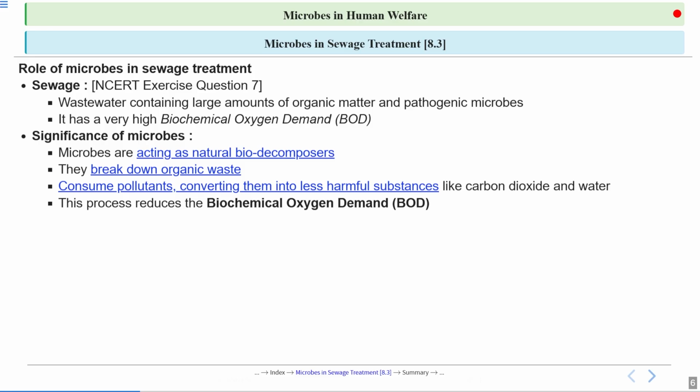These microorganisms are breaking down and decomposing this organic matter, and slowly the BOD will reduce. BOD is basically the amount of oxygen being utilized by these microorganisms to degrade the organic matter. Okay, this is clear.